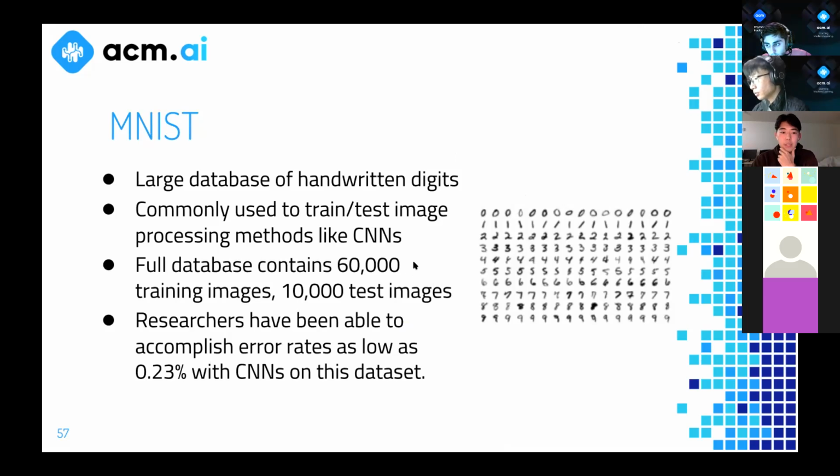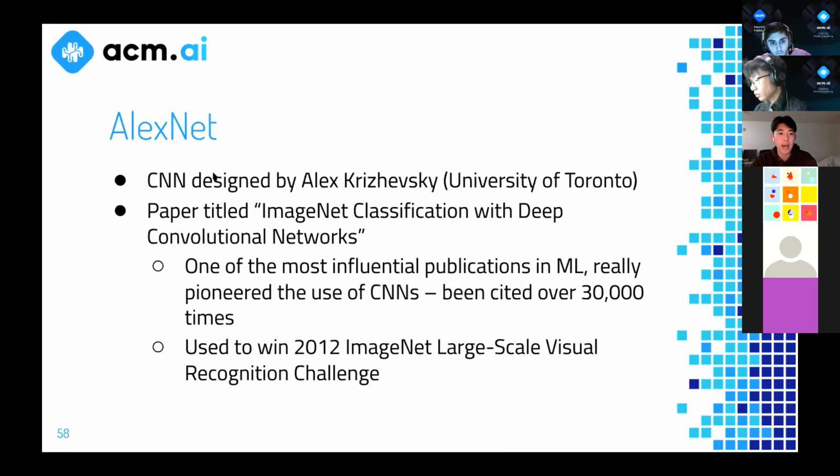So 60,000 images for training and then 10,000 tests. And we've seen really, really good results with CNNs on this particular problem. So one such CNN is AlexNet, designed by this guy, and he really catapulted the widespread research and use of CNNs through his contest and this application of CNNs.